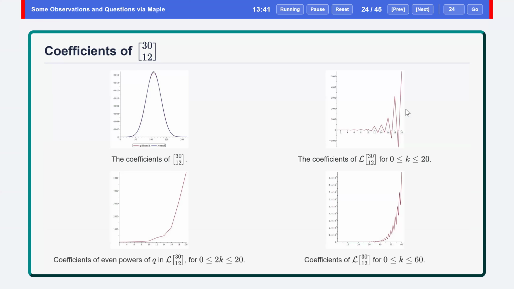And here are just figures. Actually, this kind of alternating property of this log-concave transformation is beyond my expectation.